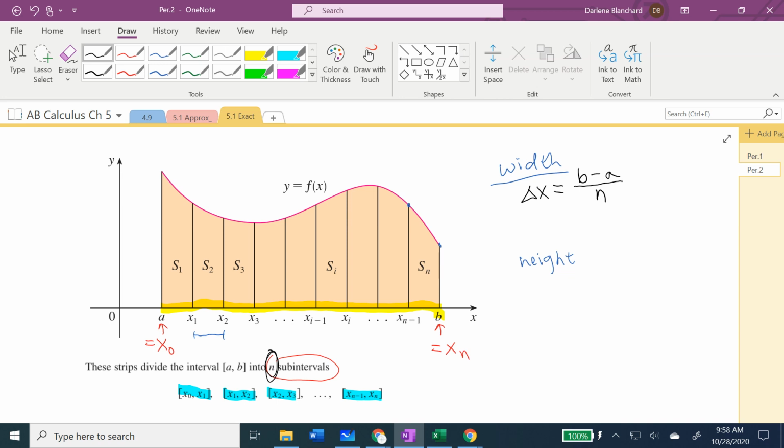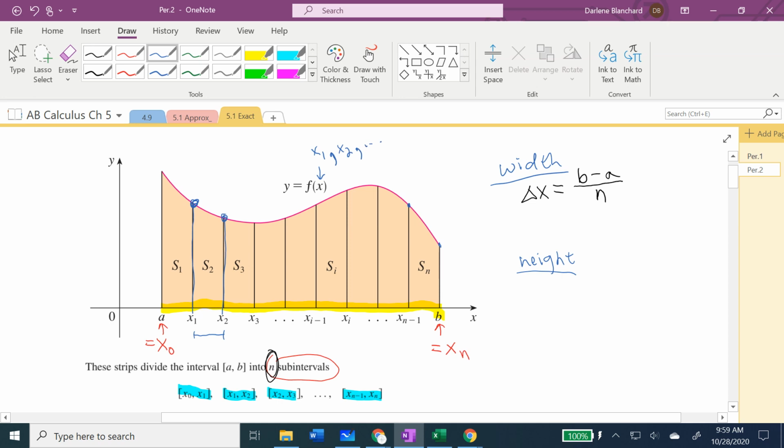Now the height. The height of each rectangle is plugging different x's into my function. I first plug x1 in, then I plug x2 in, and so on.